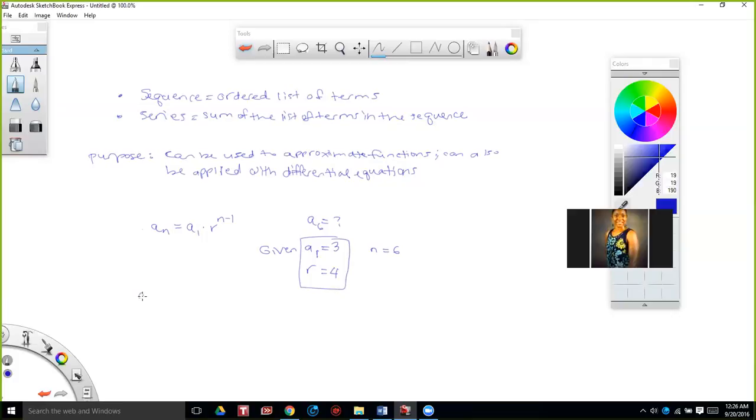So we're trying to find A6. A1 is 3. R is 4. N is 6. So that's raised to the 5th power. Okay, and so here we have 3 times, and then you will find out what 4 to the 5th power is.